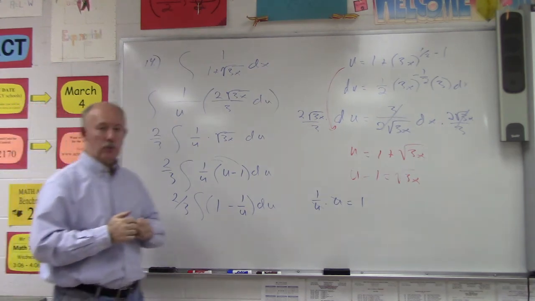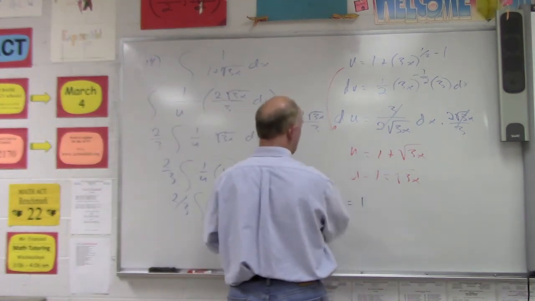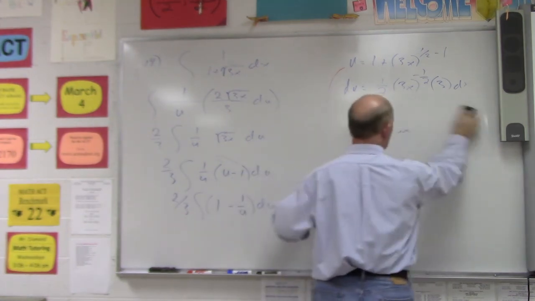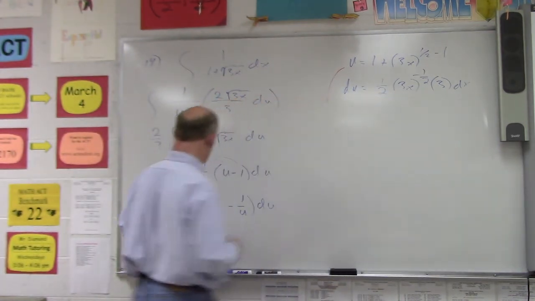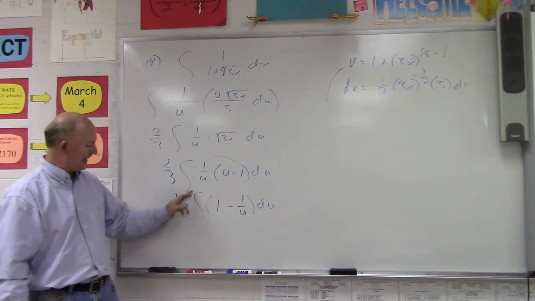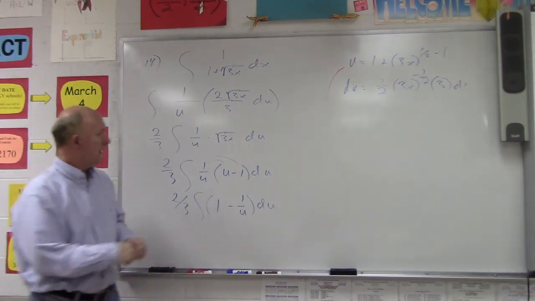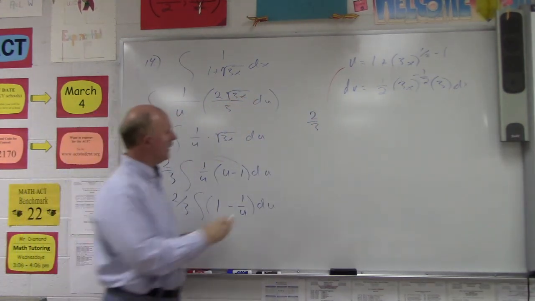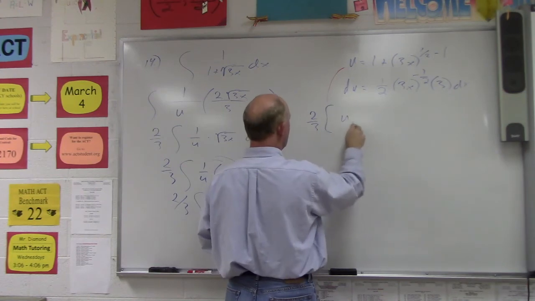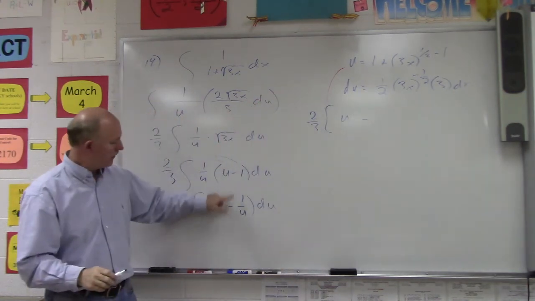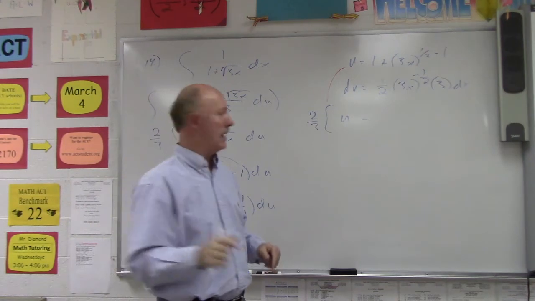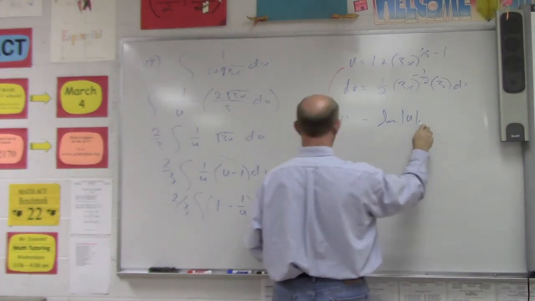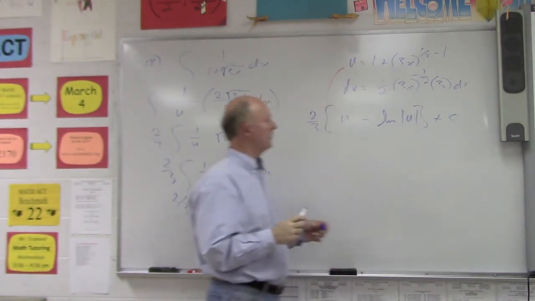Okay, now we're ready to find our antiderivative here. Let me erase this and bring this up so I've got some extra room. So we have 2/3 integral 1 minus 1 over u. The antiderivative of 1 is u with respect to u, so it'll be u minus the antiderivative of 1 over u, which is the natural log of the absolute value of u, plus our constant of integration.